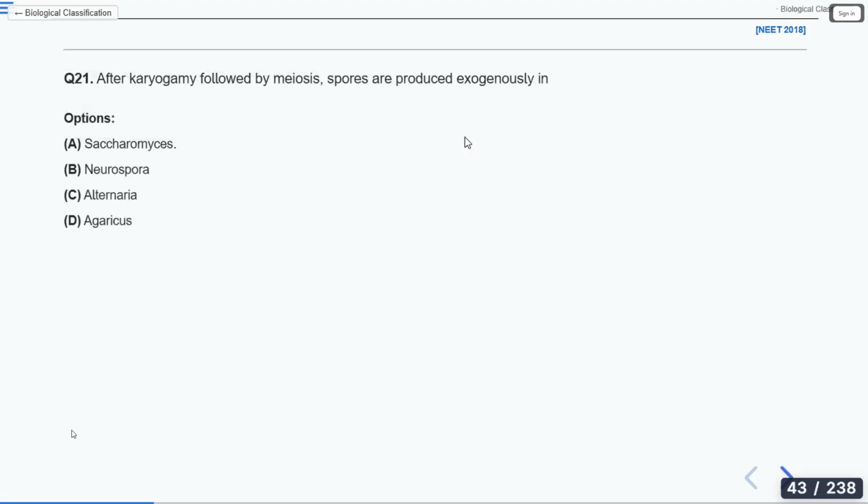Next question. After karyogamy followed by meiosis, spores are produced exogenously in Saccharomyces, Neurospora, Alternaria, Agaricus. Option D, Agaricus.